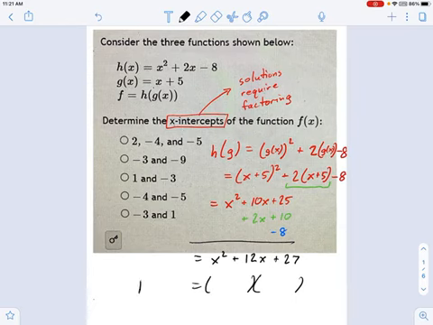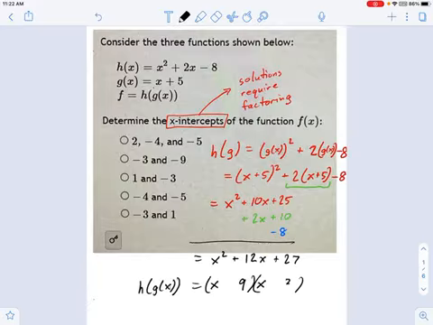Okay, so now we need to factor that into two parentheses. And that will tell me what is h of g of x. Remember this thing. So we factor this, and we're going to have x and x. That much I know. And I need two numbers that multiply to 27, but they add up to 12. Well, there's not many things that multiply to 27. Your choices are basically 9 and 3, or 27 and 1.